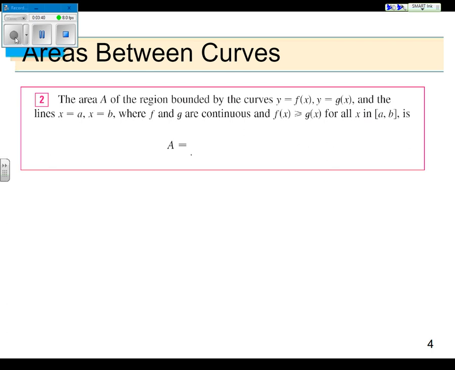If they're both continuous and f is bigger than g, then we can just rewrite everything as the integral from a to b of f of x minus g of x. And then my delta x will change to a dx, just meaning a little bit of x, since delta x is going to be getting smaller and smaller.